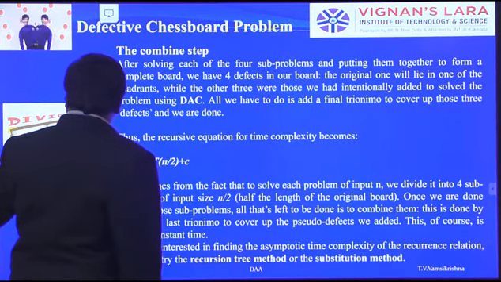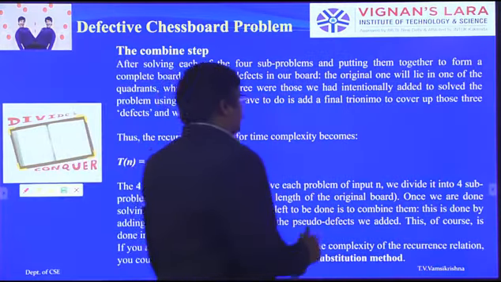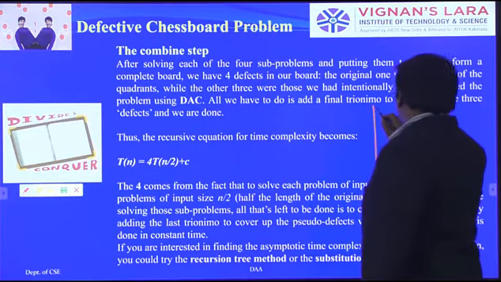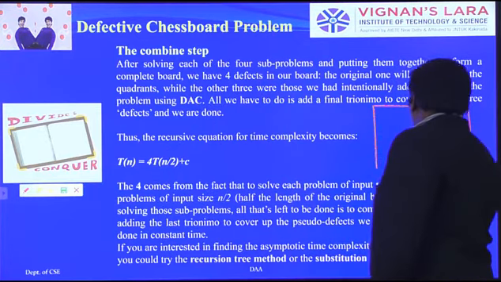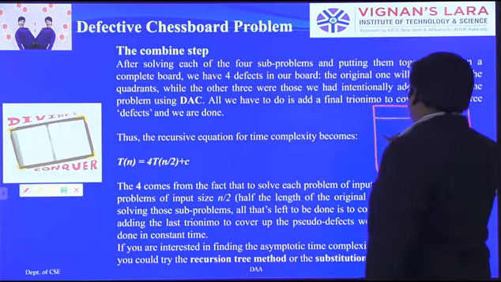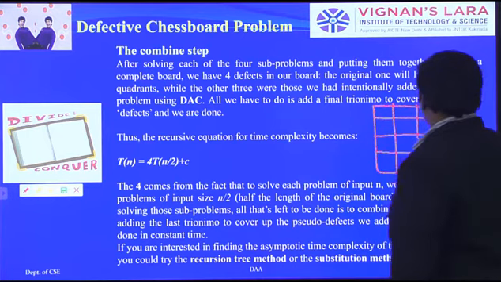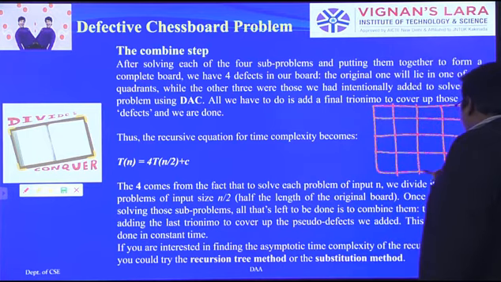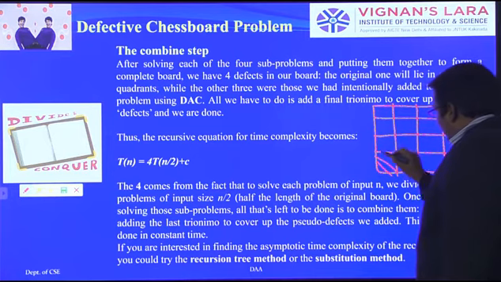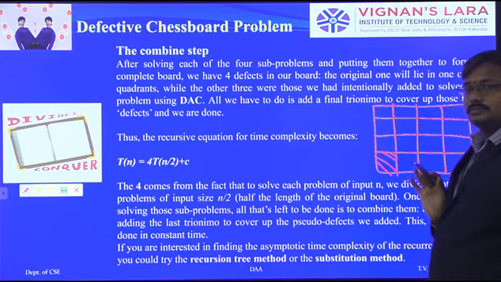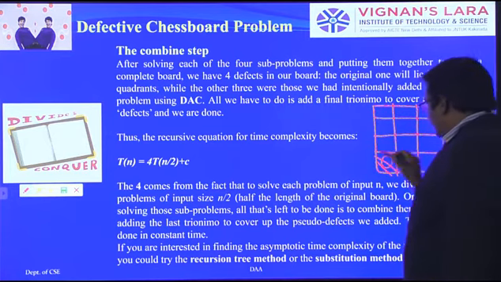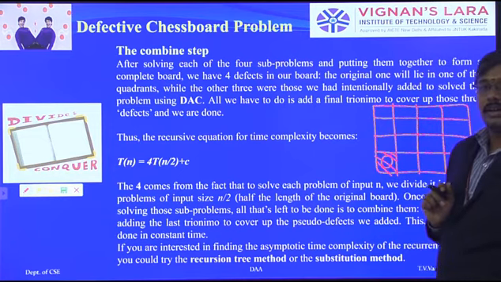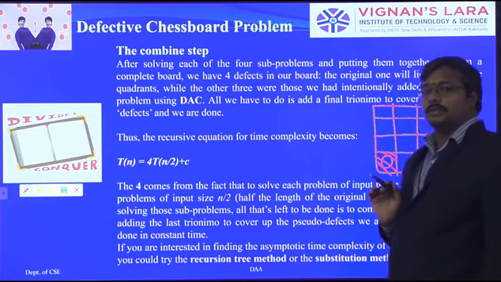So here first I am explaining the previous step, then we will move to the next step. Say it is a 4 by 4 chessboard, right? They are given one defective tile like this here. This is the original defective tile.